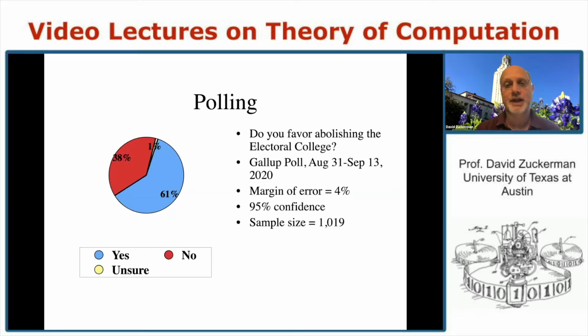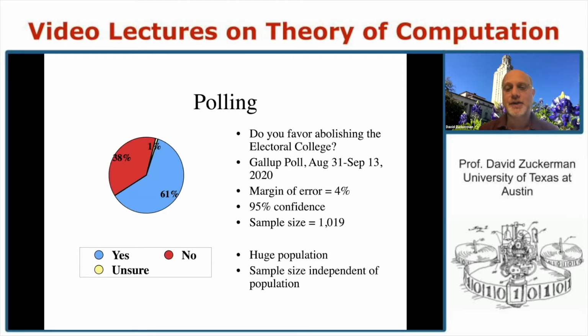So in polling, for example, there was a recent Gallup poll asking people if they want to abolish the Electoral College. And here they just asked 1,000 people, and with 95% confidence, they can get the right answer plus or minus 4%. So the United States has a huge population, 300 million or more, but you can choose a sample size independent of the population.